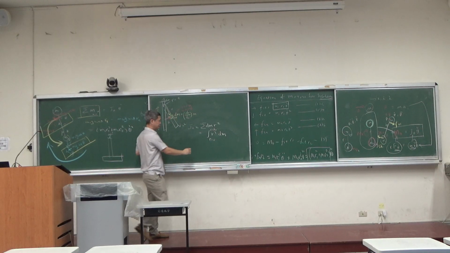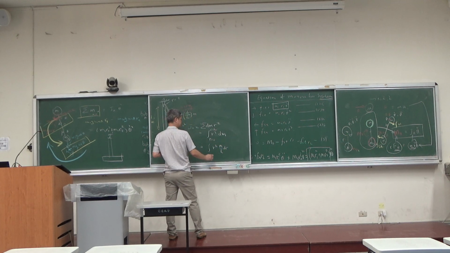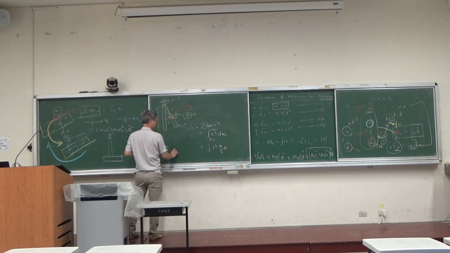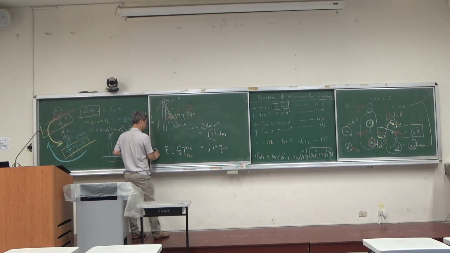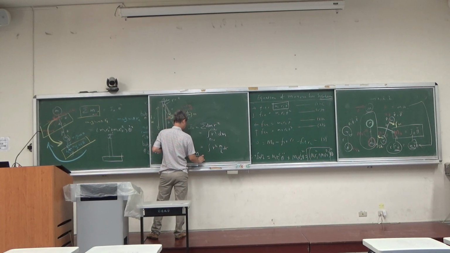Okay? So let's do the expansion. This is your r squared. This is your m over L dr. So in this case, you get m over L times r cubed divided by 3, and then by substituting r equal to 0 to r equal to L. So in the end, your J naught is equal to m over L times L cubed divided by 3.